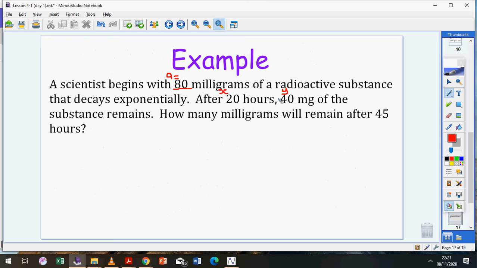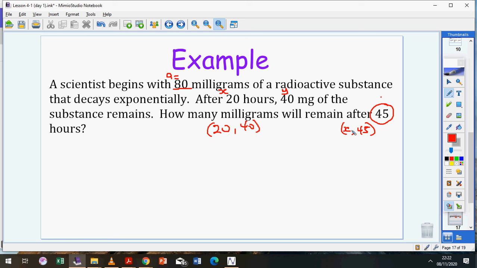So I have a point already, 20 and 40, and I have an A value, and they want me to find this. This is basically another Y value, so this is basically another point whose X value I'm trying to find. This is 45. So I've been given one point, a starting value, which is A, and another value for Y, and I just need to find X.